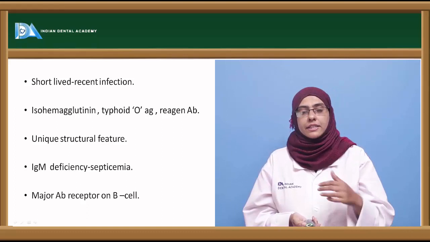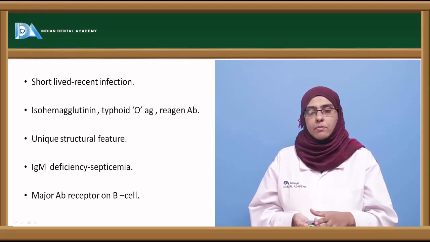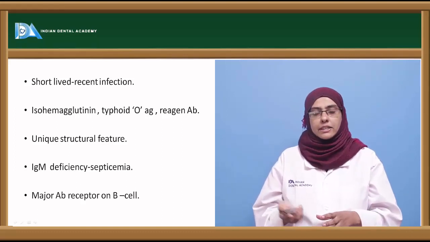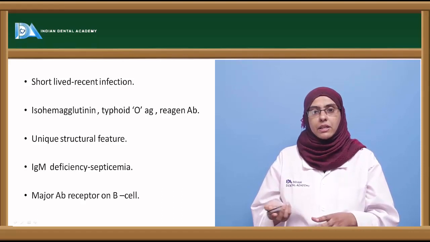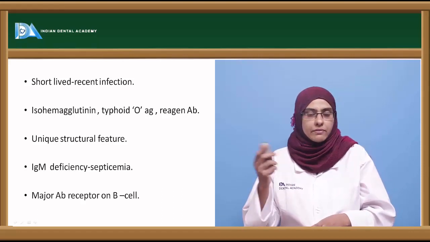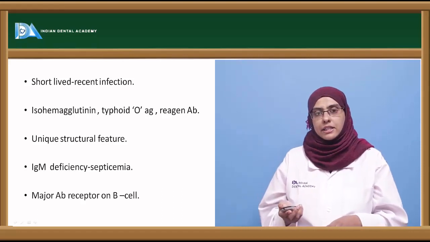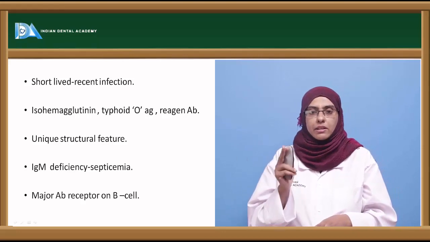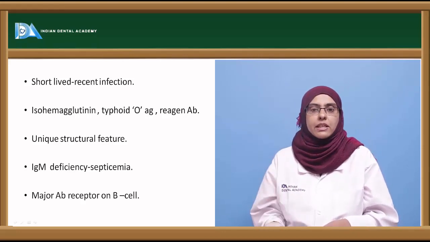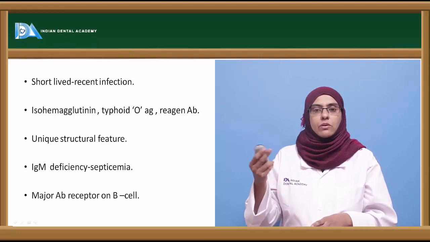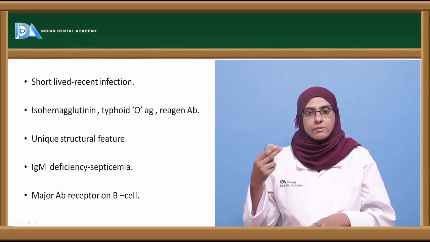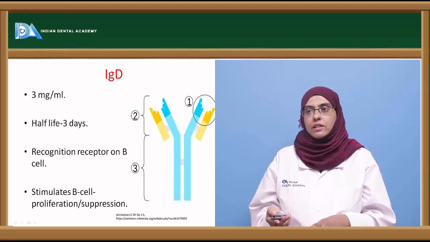So it prevents generalized infections by pathogenic microorganisms, and it is a major antigen receptor that can be seen on the B cell apart from IgD. So IgD and IgM are usually expressed on the B cell, which helps in clonal selection and in the proliferation and differentiation of the B cell.